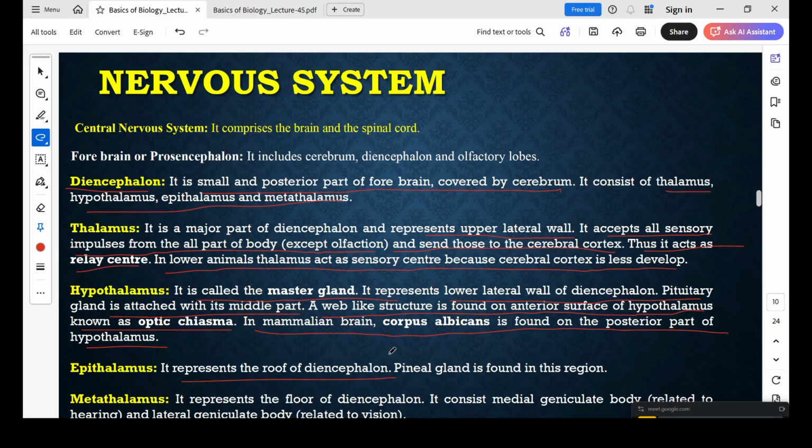So the hypothalamus has multiple functions. It secretes growth hormone. Because it secretes growth stimulating hormone, it can trigger lengthening of bones. It can trigger muscle generation, etc.